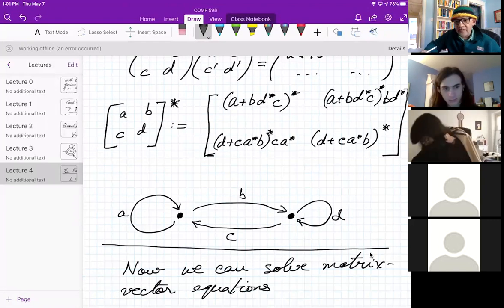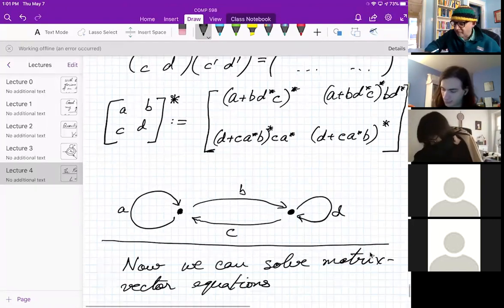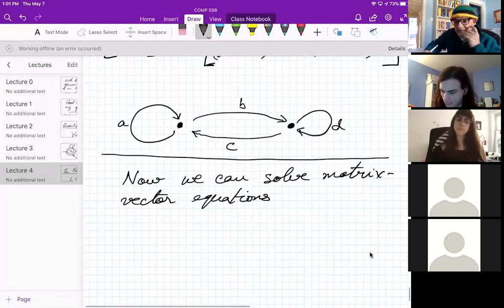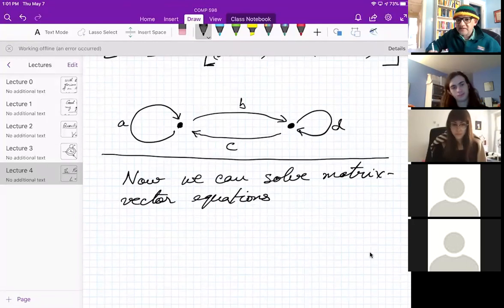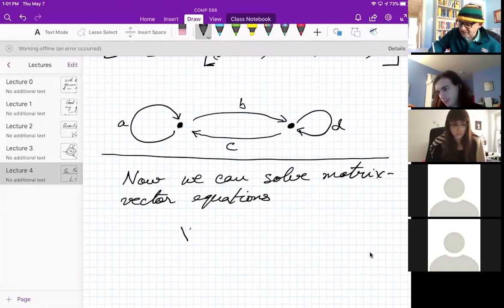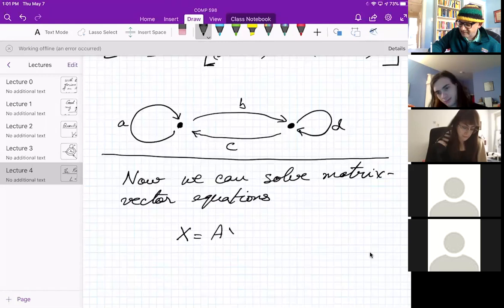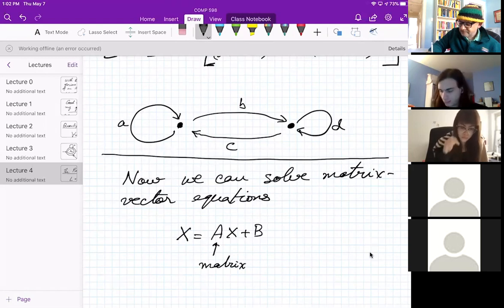So our old formula that says I can solve an equation of the form little x equals ax plus b can be rewritten as, so this is a matrix and these are vectors.